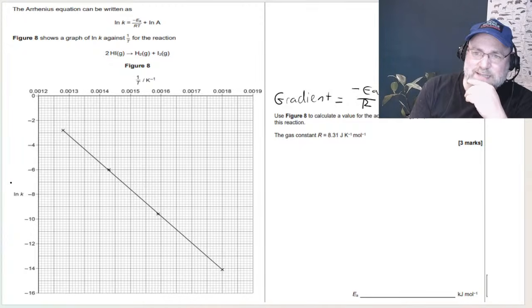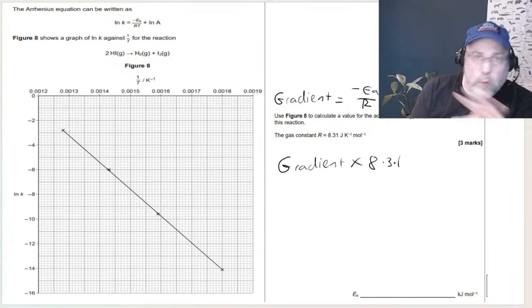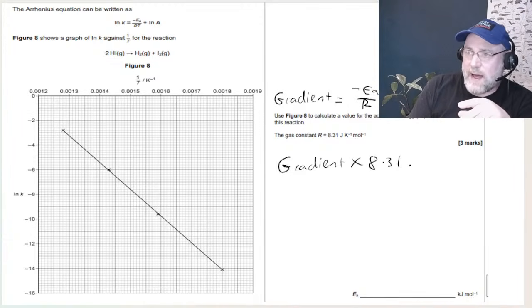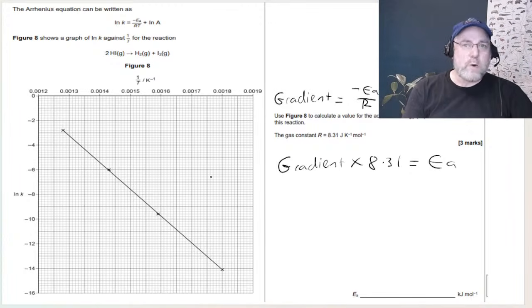So essentially, temperature has been taken out. If I want to find the activation energy, all I'm going to do is the gradient of that line times 8.31. This will always be what you have to do, and that is going to give you the activation energy. So the gradient times 8.31, boom, 3 marks.